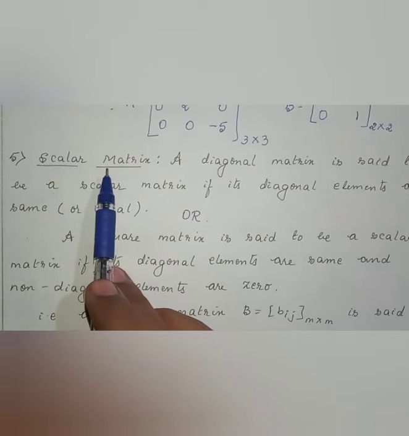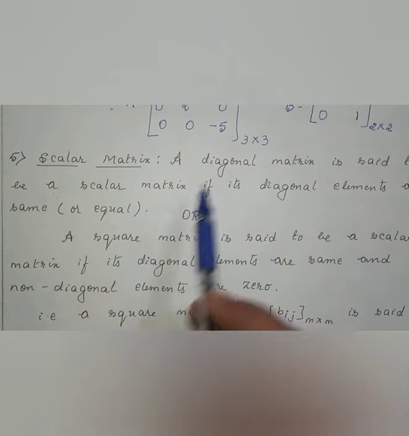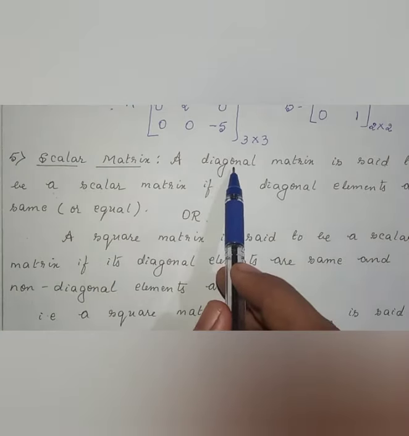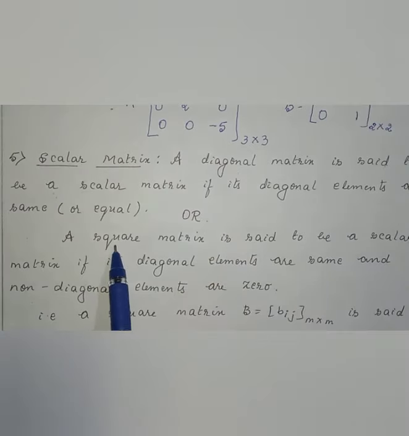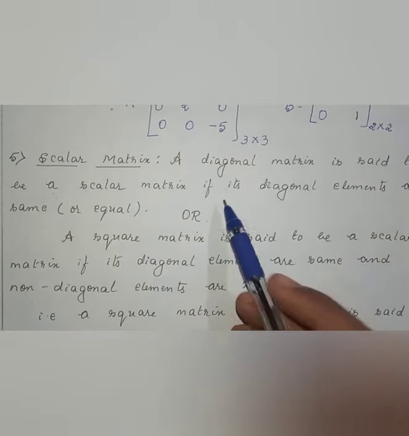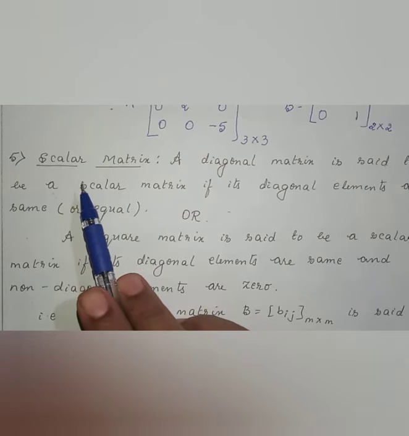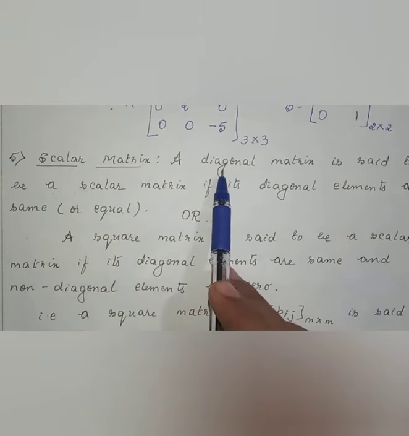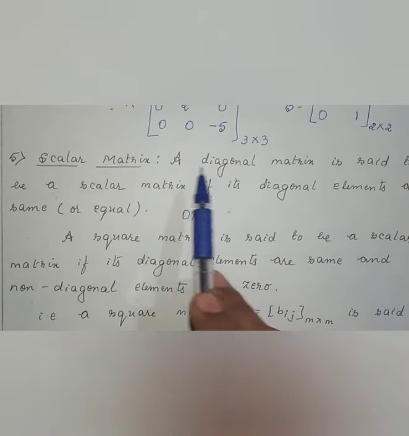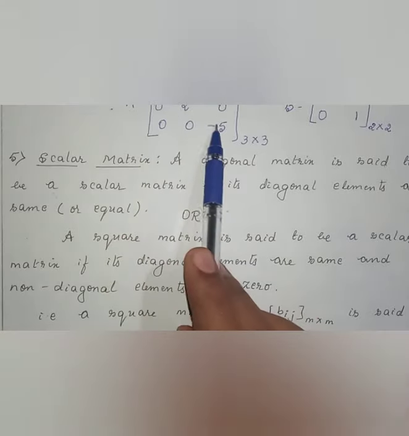Next one, scalar matrix. We can define the scalar matrix in two ways. One is using the diagonal matrix, another one using the square matrix. I'll explain both the definitions here. First of all, remember that a scalar matrix is a diagonal matrix. That means non-diagonal entries should be 0. Here the condition is only for the diagonal entries.